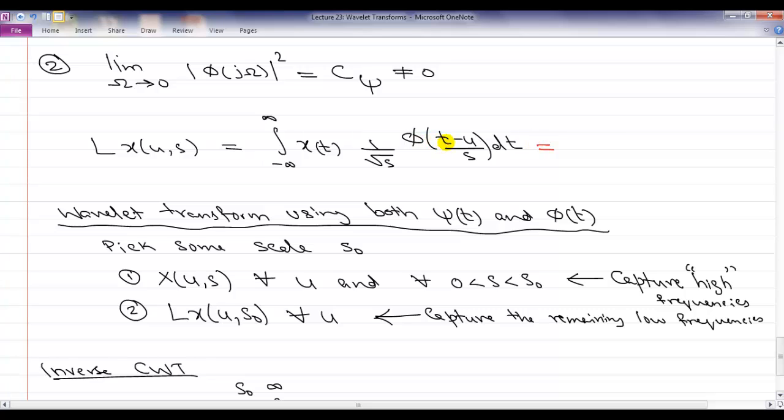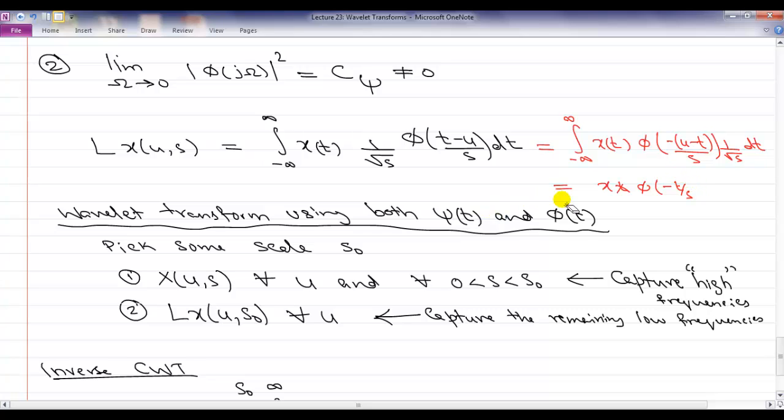If you look at it, again we have the integral from minus infinity to infinity of x of t, psi of (minus u minus t) over s, times 1 over square root of s, dt. So indeed, computing this low-pass approximation at any given scale using the scaling function is also simply given by a filtering of x with this psi of minus t over s.